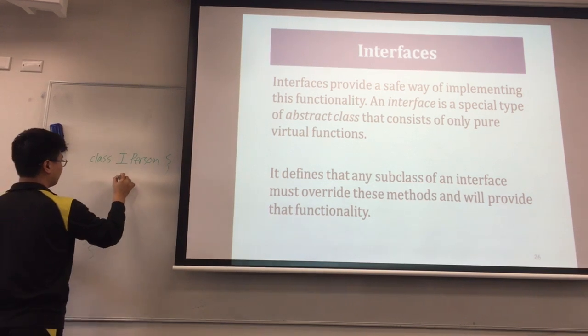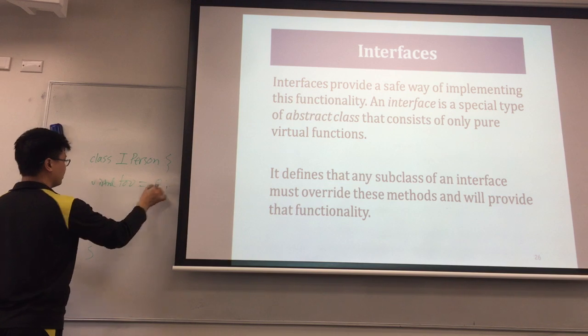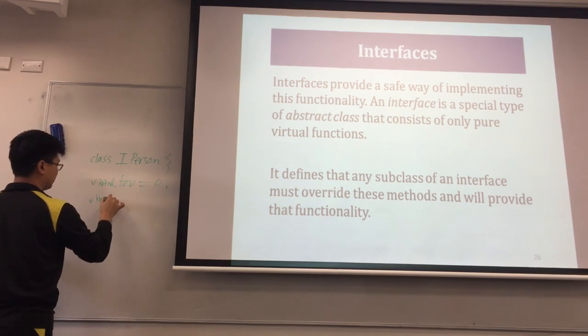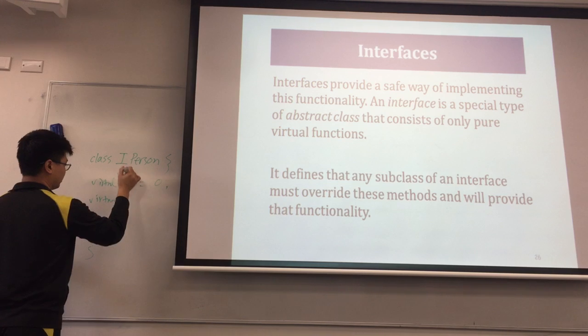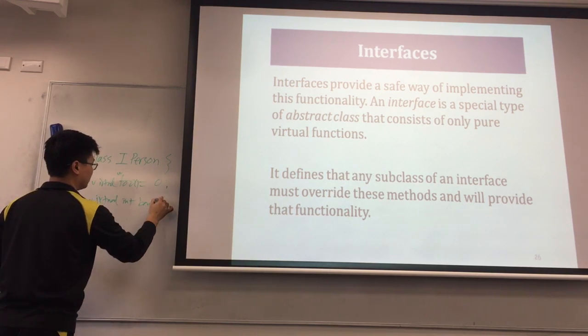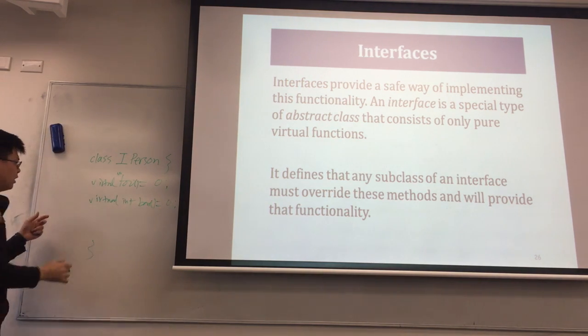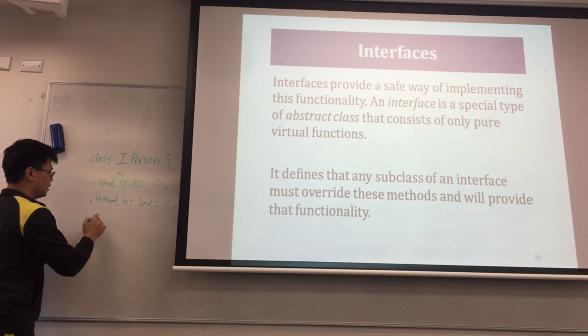You can have virtual void foo pure, and virtual bar is also pure, and all the other functions are pure. And then you can have your data member as well.